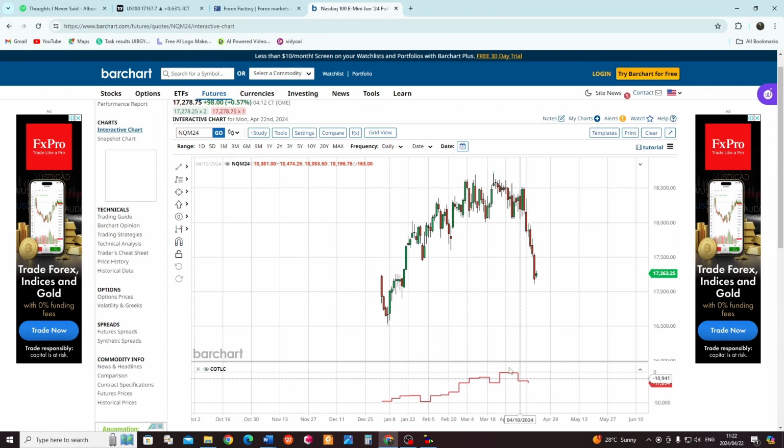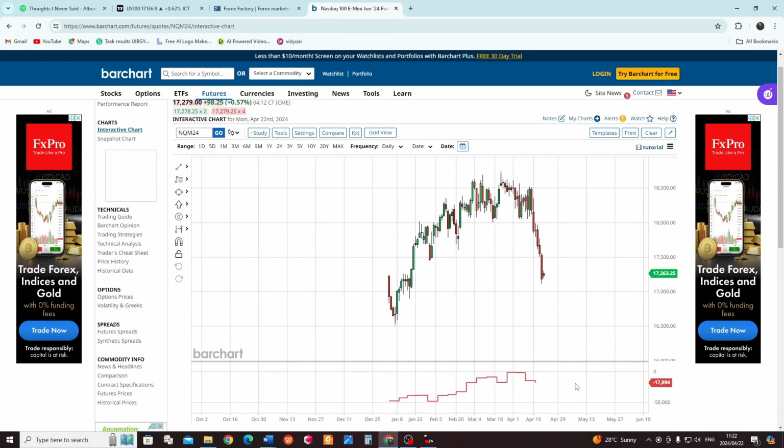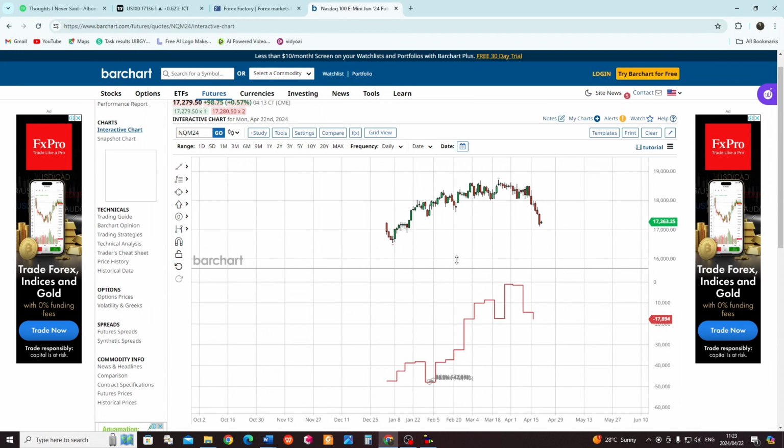because looking at also the commitment of traders, of commercial traders, it has been bullish, and they're currently selling Nasdaq. See that? They're currently selling Nasdaq, and I'm looking at this. Hey guys, there's a lot to trading, guys. There's a lot to trading.